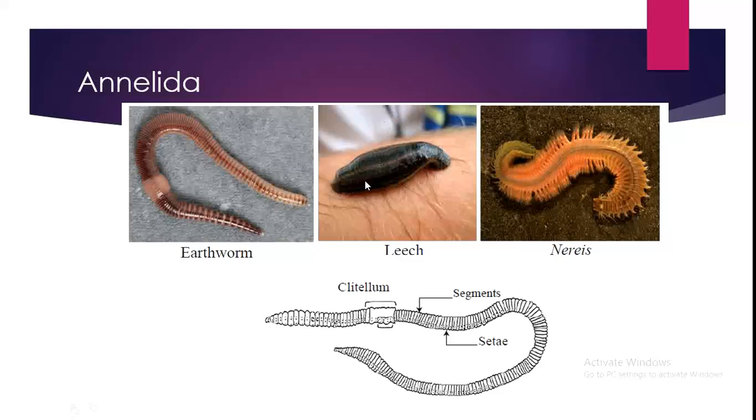Here the leech has an anterior sucker as well as a posterior sucker. From the posterior sucker it gets attached to the substrate, and from the anterior sucker it is able to suck blood.